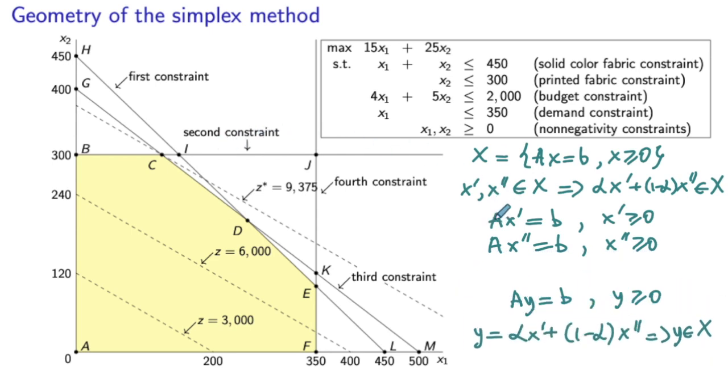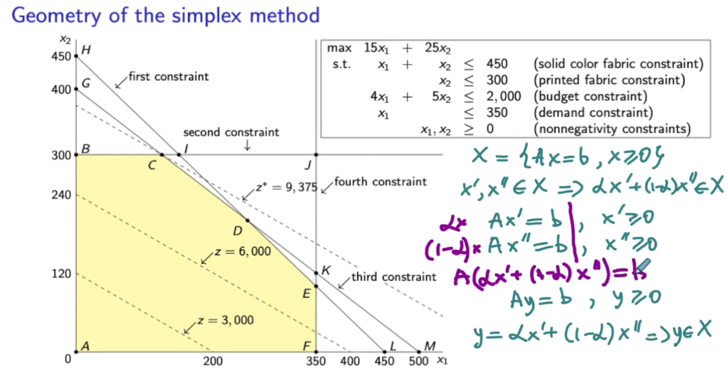Let's look at these conditions here expressing the fact that x' and x2' belong to the set X. If I multiply the first one by α, and then I multiply the second one by 1 − α, and I add these two equations together, then what we'll get is A times (αx' + (1 − α)x2') equals b.